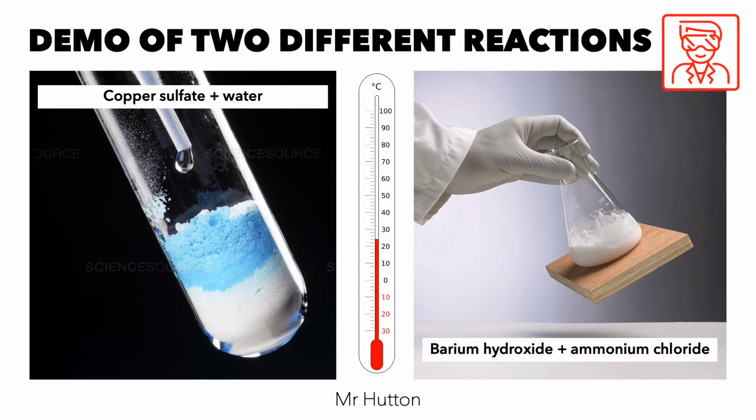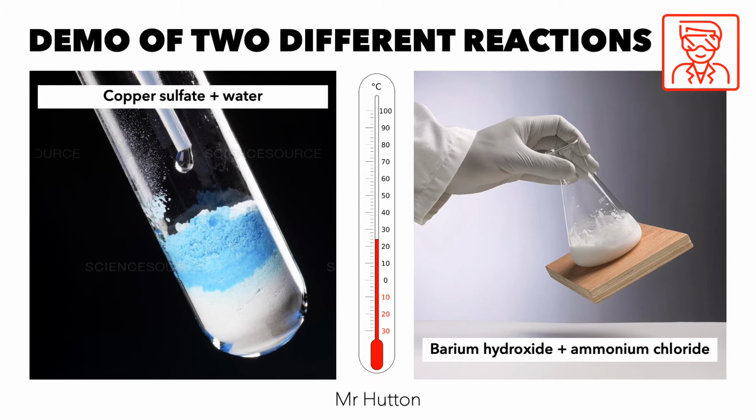On the other side here, barium hydroxide and ammonium chloride. If you get to see this at any point, this is really, really impressive. What they've done is between the block of wood and the conical flask there, they've just put a little pool of water, just a really shallow pool of water, and this reaction is endothermic, so it takes in energy from the surroundings.